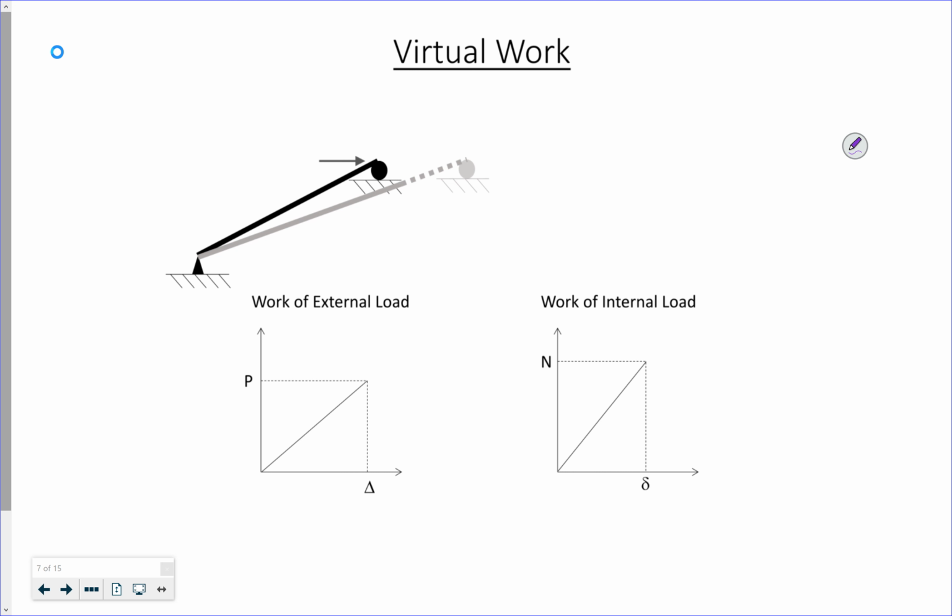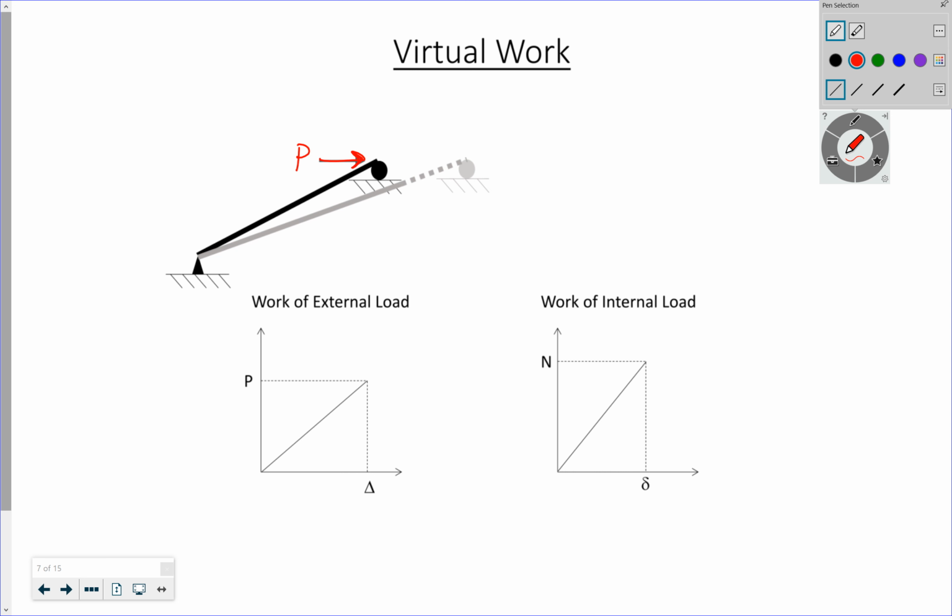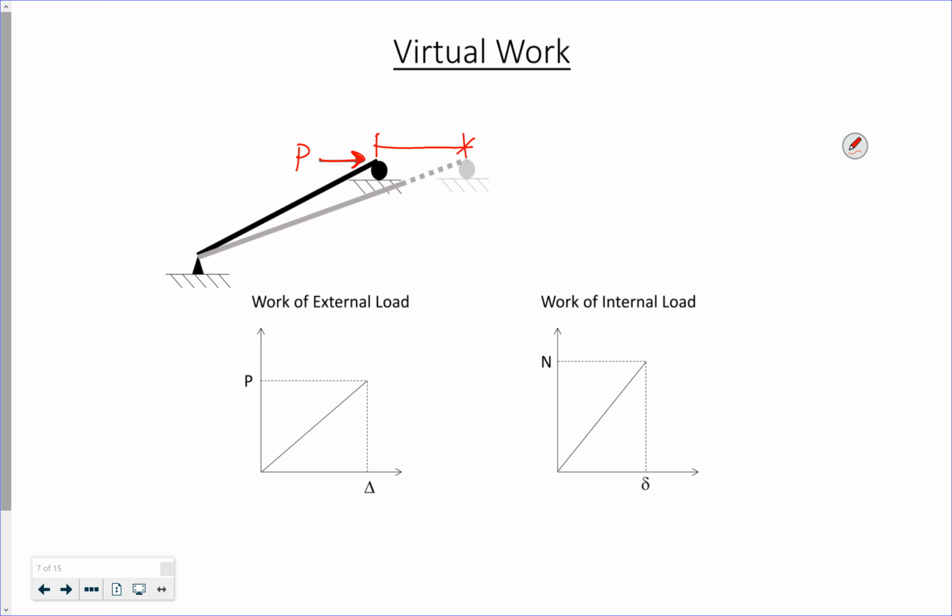So let's say I have this bar that's on an angle, and I apply a horizontal load P, and it results in this joint being deflected or displaced delta.